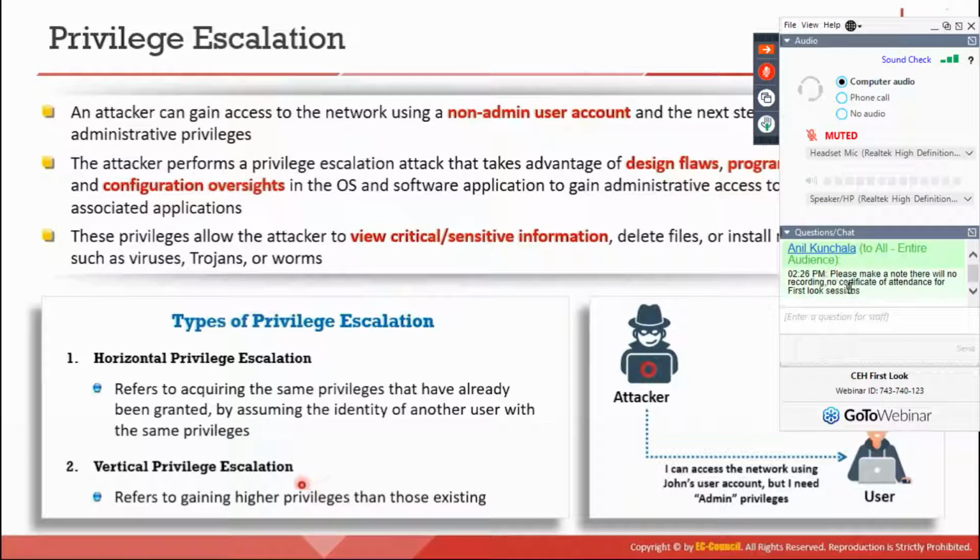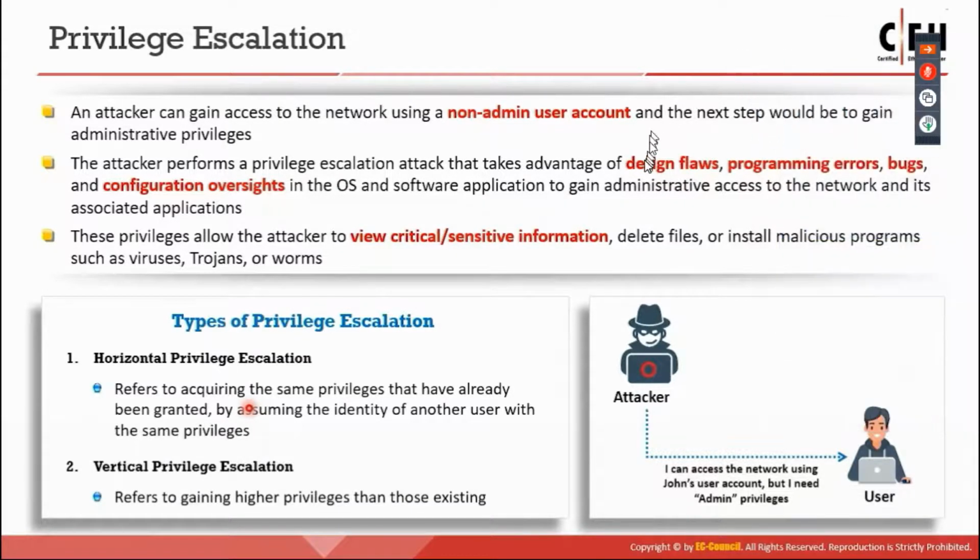Horizontal is when you get another user account. But that's not bad. What if the other user account that you get is also a system administrator or a database owner on a database server? In that case, it might work just fine for you.